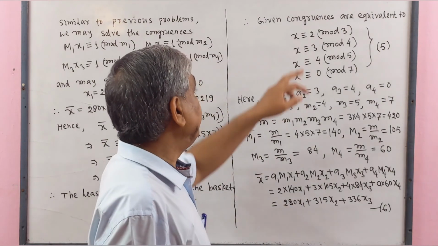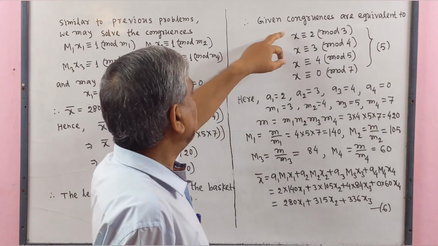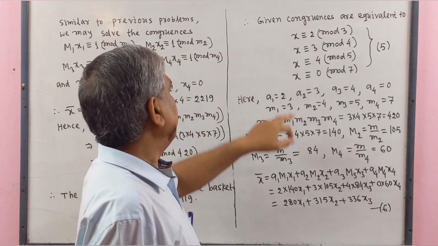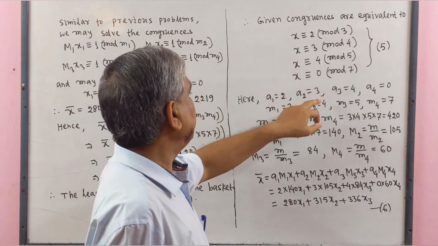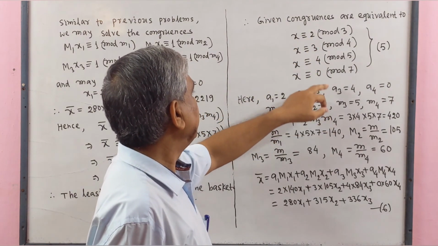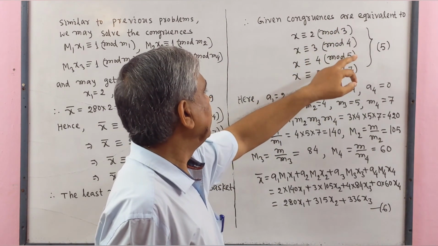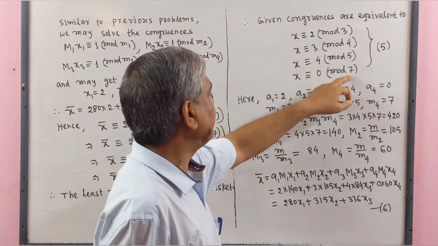Therefore, given congruences are equivalent to these 4 congruences. Here A1 equal to 2, A2 equal to 3, A3 equal to 4, A4 equal to 0, M1 equal to 3, M2 equal to 4, M3 equal to 5, M4 equal to 7.